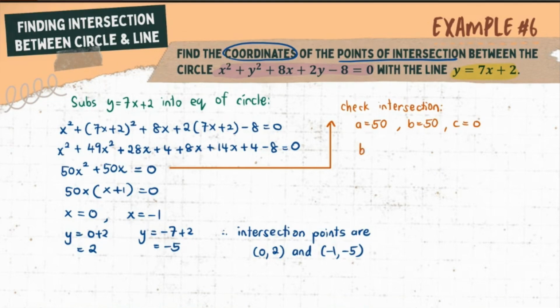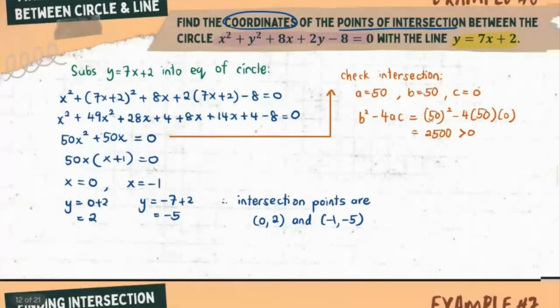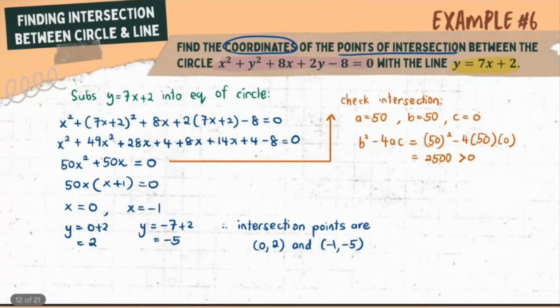So by using B squared minus 4AC, it will be 50 squared minus 4 times 50 times 0. So we get 2500, which is a positive value. Earlier we already knew that if it is positive there will be 2 intersection points. So indeed we will get 2 intersection points. Okay, so this is the way if we want to check.